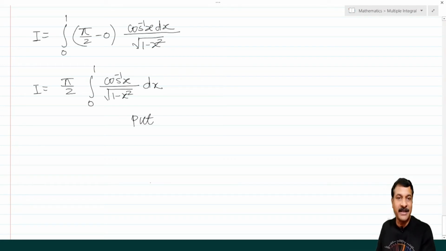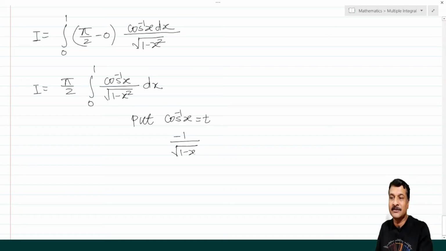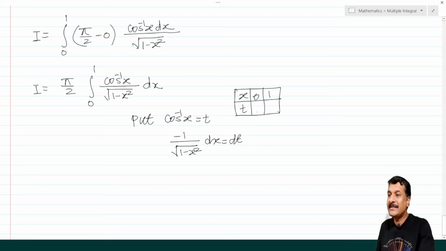Now it is very simple, a simple integration because the derivative is present. So put cos inverse x equal to t, differentiate. So I am getting minus 1 upon under root of 1 minus x square dx equal to dt. What about the limits? x to t. When x equal to 0, cos inverse 0 is pi by 2 and cos inverse 1 is 0.